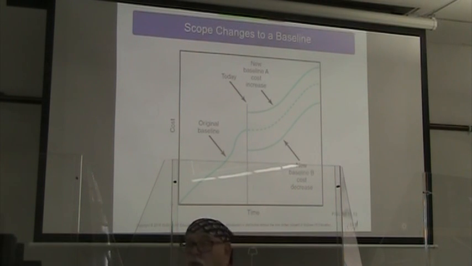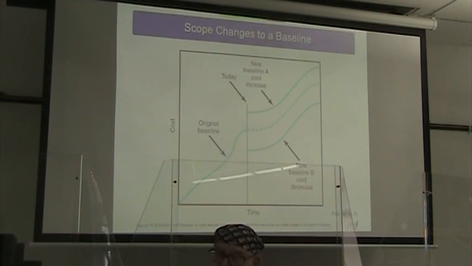We either have to do more than had already been promised, or they say, you know what, we're going to ditch this part of the project, so your scope has come down. If the scope has gone up, we have a new baseline that we're going to have to calculate. This dashed line is the old original. But if it decreases, then we're going to have a baseline down here.